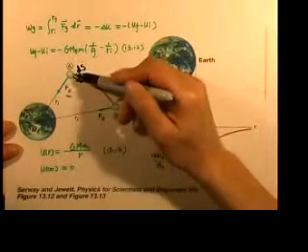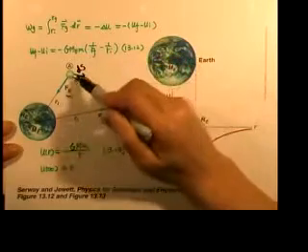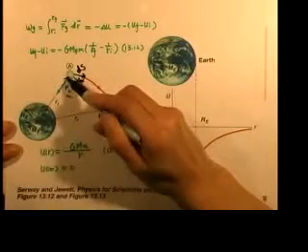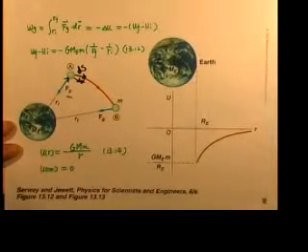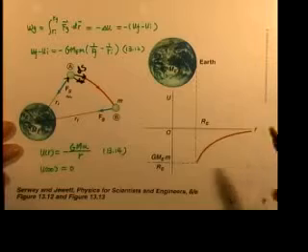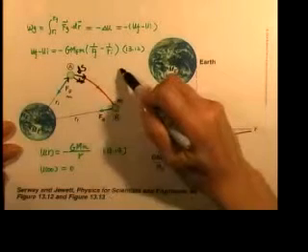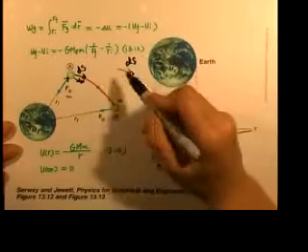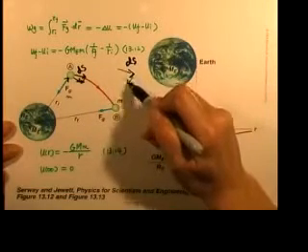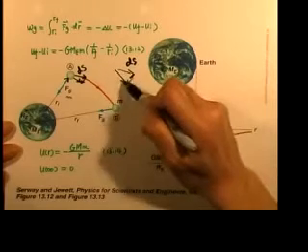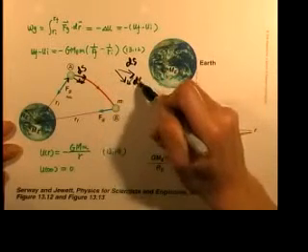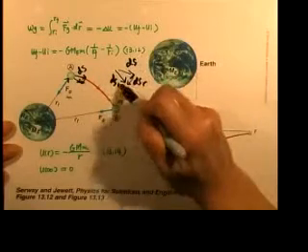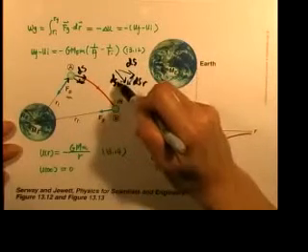Now ds is tangential to the path, but this part is tangential to the radius, because that is the radius of r initial. So any ds like that can be split into ds of radius and ds of tangential.